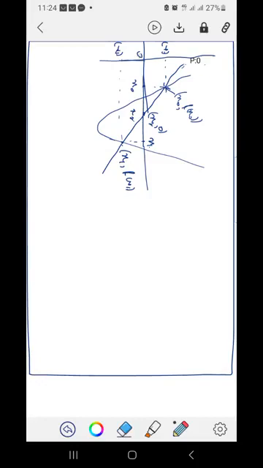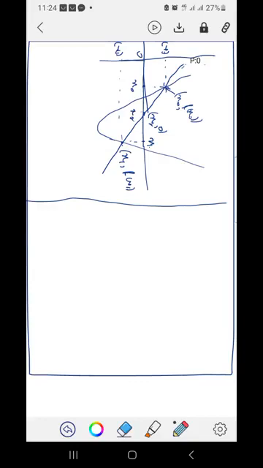Now let me partition my board into two, and we can start talking. Like I was saying, this straight line has passed through 3 points, but let's consider it passing through 2 points.